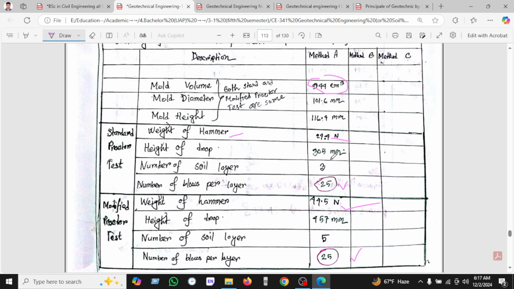The height of drop is 305 millimeter in the standard test, and in the modified Proctor test the height of drop is 457.